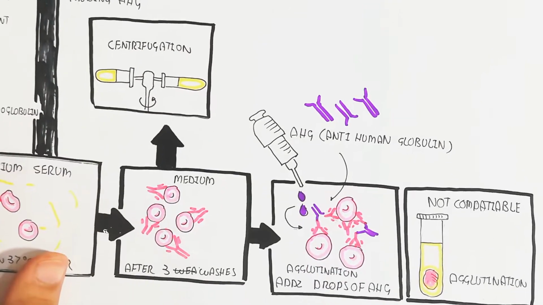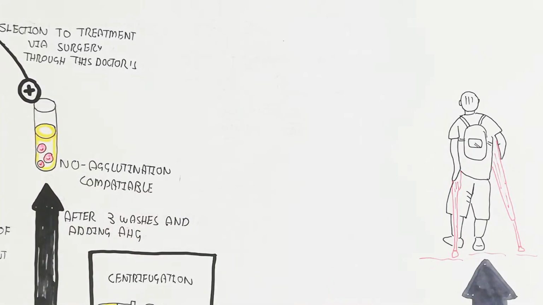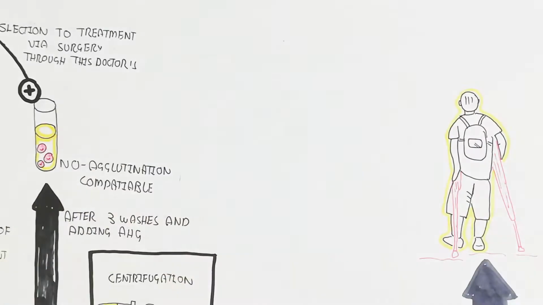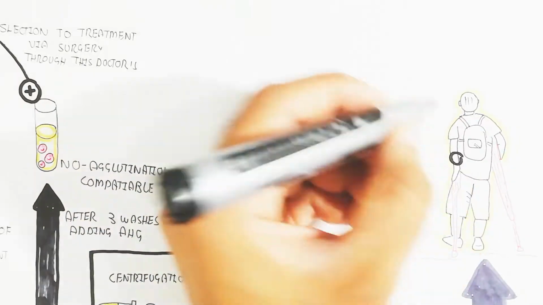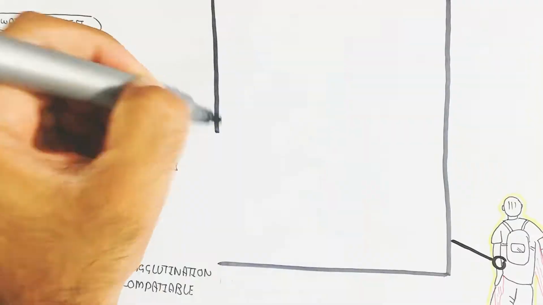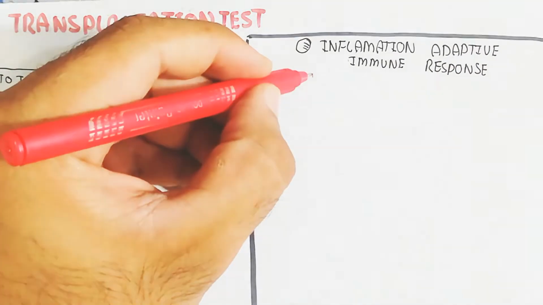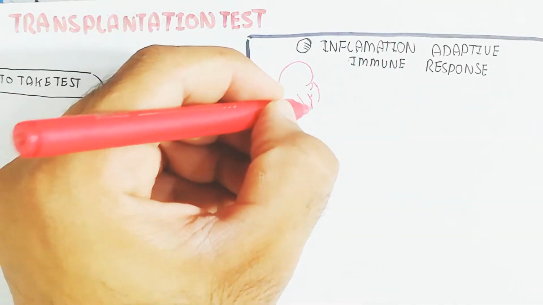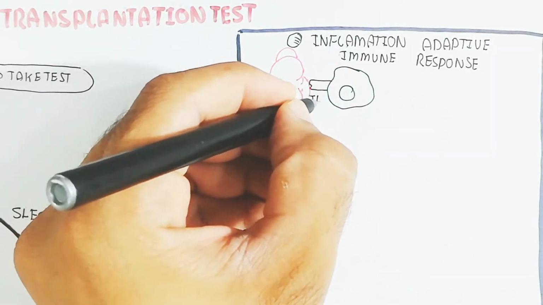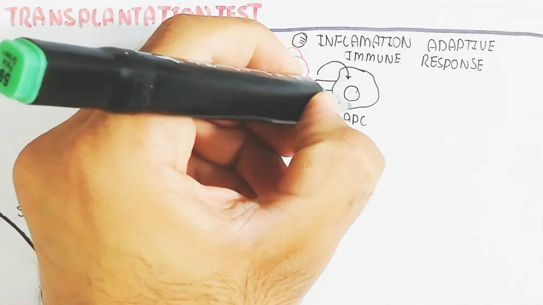In the case of incompatibility, if we mistakenly put the donor organ, for example a kidney, into the recipient, the immune system activation and inflammation will lead to an adaptive immune response. Let's begin to understand how it works. This is a person who has a transplanted organ, and that is against the recipient, so the recipient will produce antibodies against this antigen.